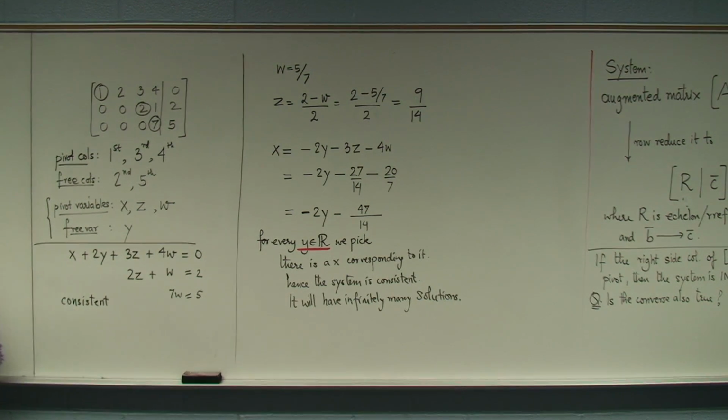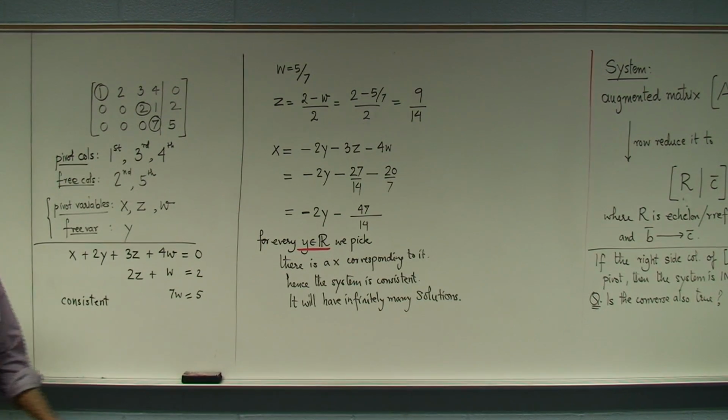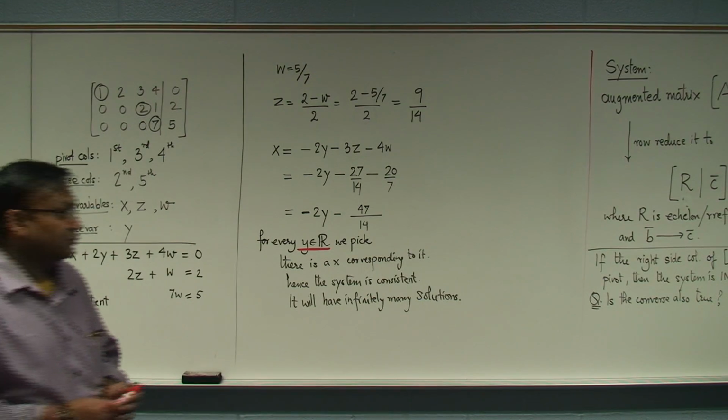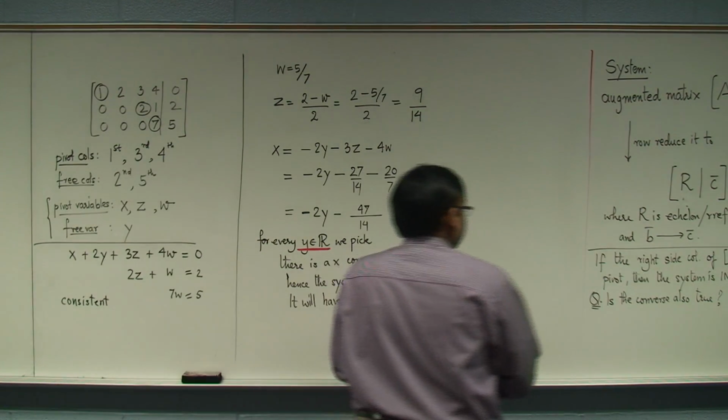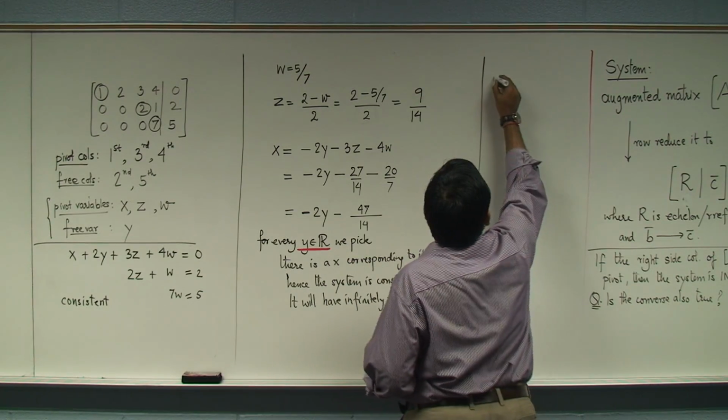However, if the system is consistent and it has a free variable, then we can say it will definitely have infinitely many solutions. So this is also one of the observations that we will have over here.